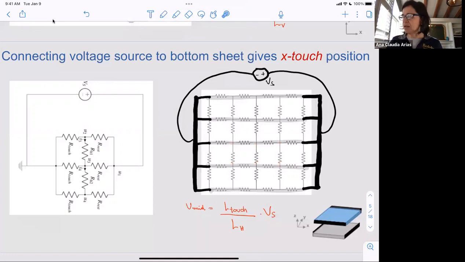So that's why our model can now be this crossing array of resistors, which we can address bottom and top and figure out exactly where you're touching by measuring Vs outside in these bars. This was the model that we arrived at last class.